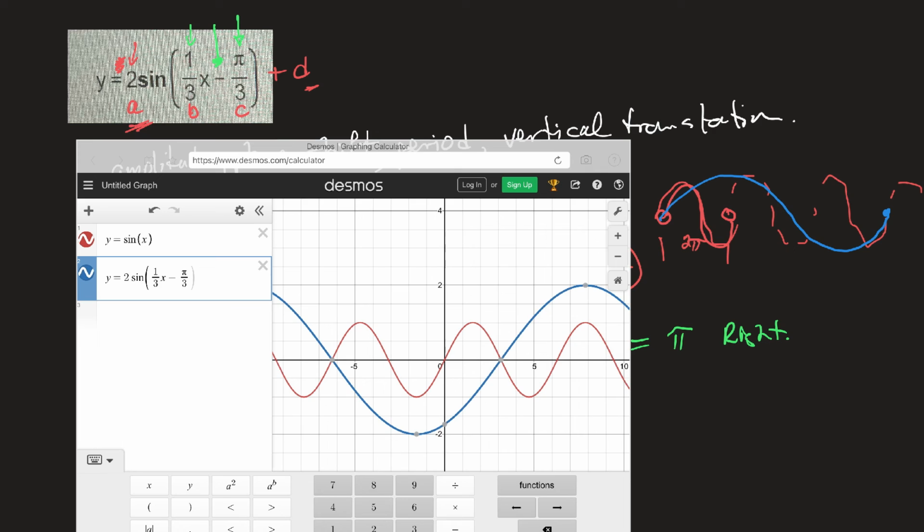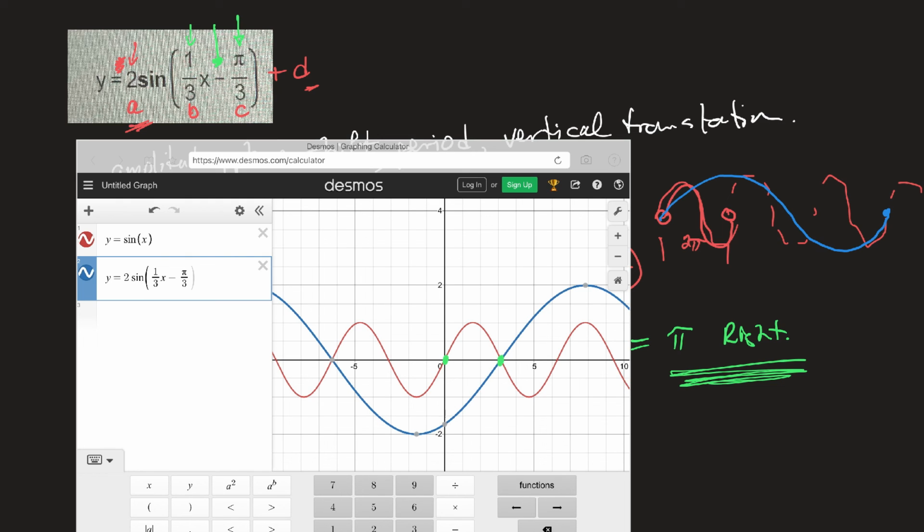Now that's giving me some trouble because I'm trying to put 3 transformations all into one. But let's take a look. Basically, I said up here, the graph moved pi units to the right. So here is where the normal graph starts, and here's where my graph started.